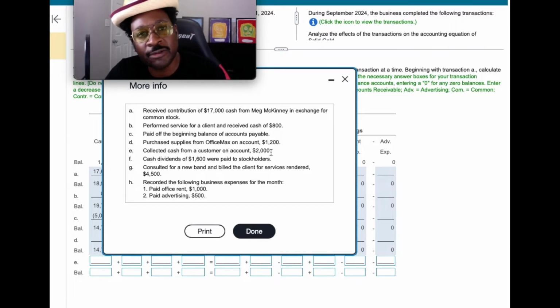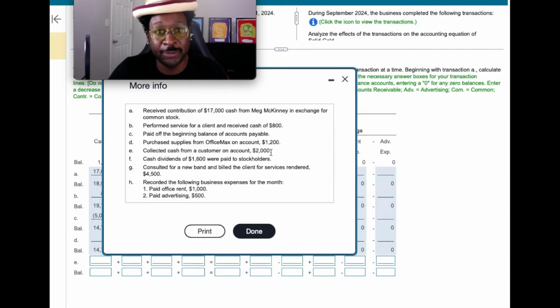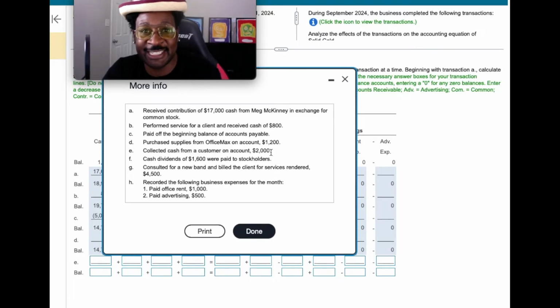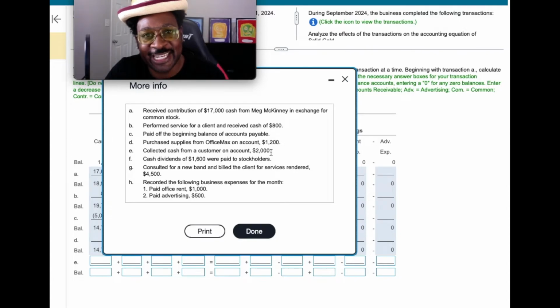But in this situation, we collected cash on the account. So therefore, the account that we're dealing with is the asset called accounts receivable. Remember, an account receivable is an asset account that is created to receive or collect cash in the future. So in this example, we finally collected the cash.